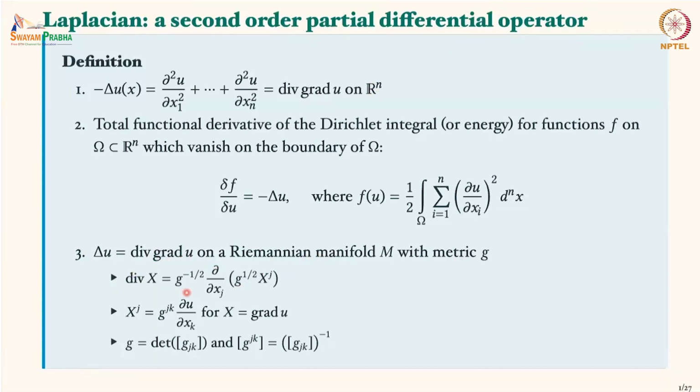It involves the metric, its determinant and its inverse. These X_j's are called vector fields. This is a vector field derived from some function, but it really should be thought of as a zero form and so on. So all of this is standard definition, and this is how you would define the Laplacian on a Riemannian manifold.